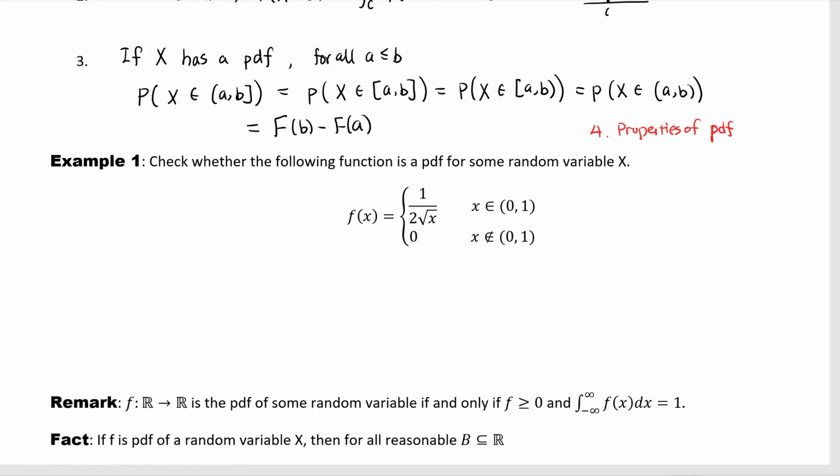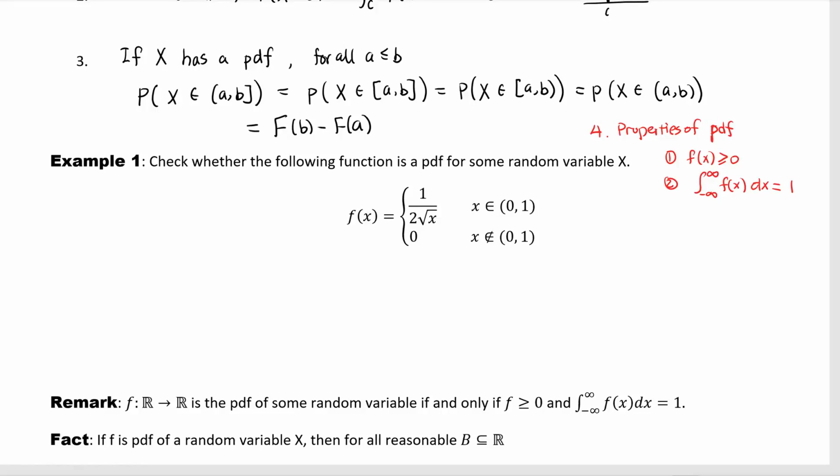First, for all points, P(x) is greater than or equal to 0, and second, when you sum up all the probabilities, that equals 1. Here we have the same properties. First, f(x) is greater than or equal to 0. Second, instead of a sum, we have an integral from minus infinity to plus infinity of f(x) dx equals 1. Those are the properties.